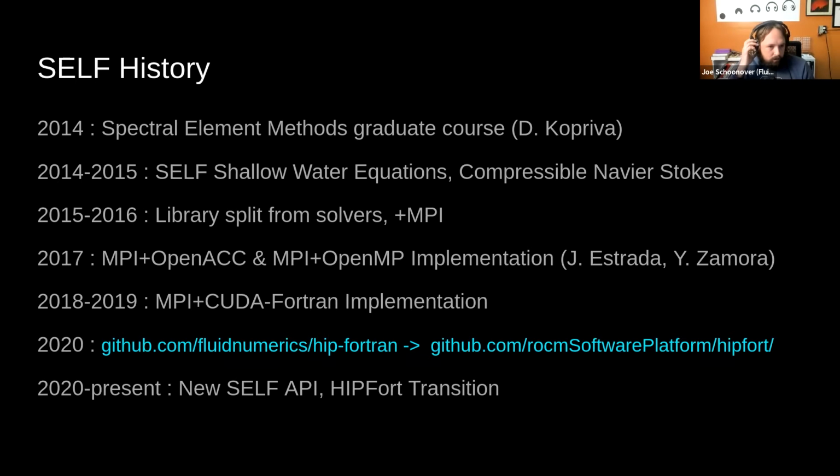So early 2020, we put out HIPFortran, which encapsulated, I wouldn't say all of it, but 75 to 80% of the HIP API, just enough to do memcopies and kernel launches from Fortran, just to make that easy. And we ended up working with AMD to get that brought over to HIPFort.